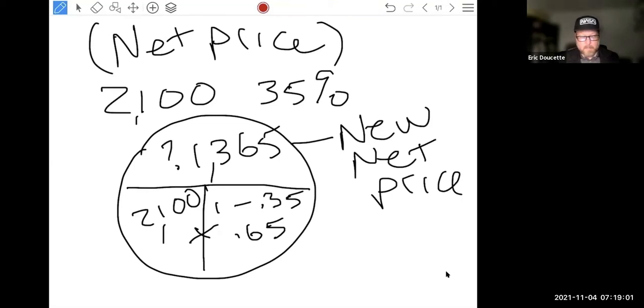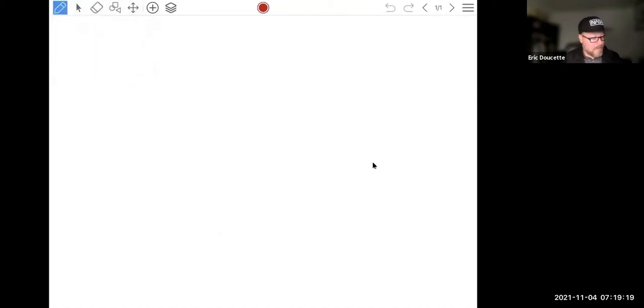Now, by the way, these problems use terms that you're very familiar with when it comes to your paycheck. You know that you get your gross pay and then you get your net pay, right? And your net pay is usually after they deduct all of the different taxes and different things out of your paycheck. And in the same way, you have your list price.